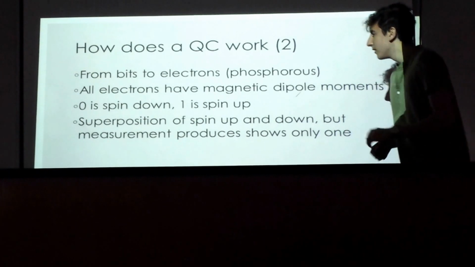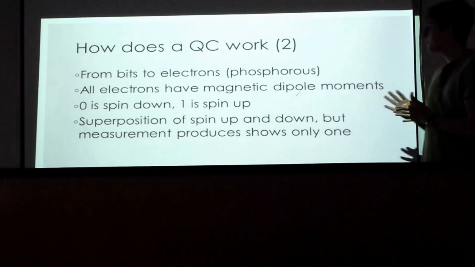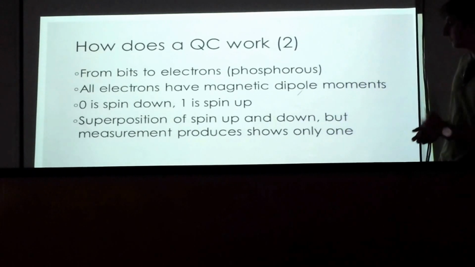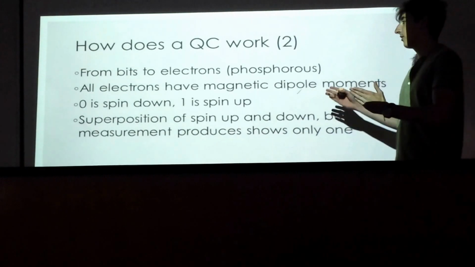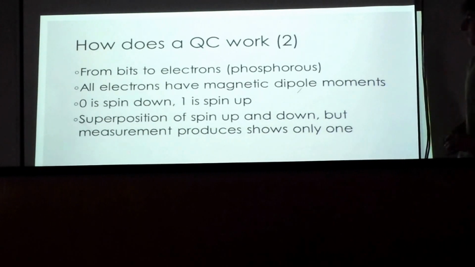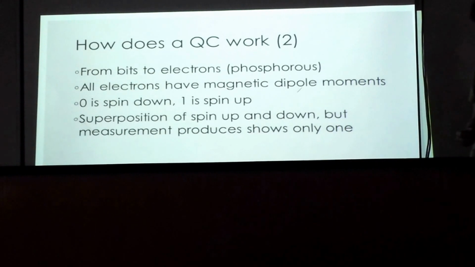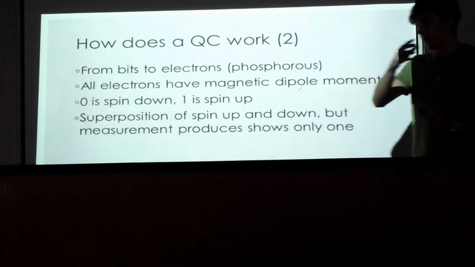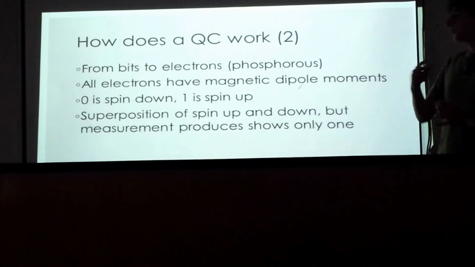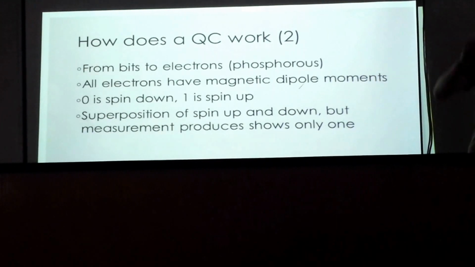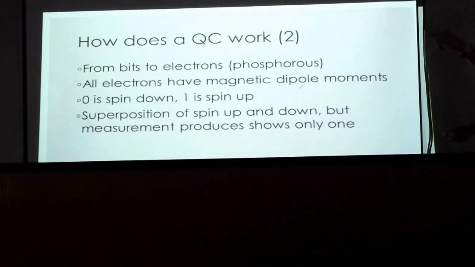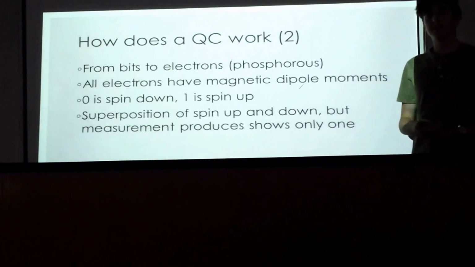So now, from bits to electrons. We have the bits, the building blocks, and now we want to transition to electrons, which is an actual application of what we have. As an example, I talked about phosphorus. Imagine a transistor, which I'm going to talk about later, made up of an electric source, a gate, and a whole bunch of silicon atoms.